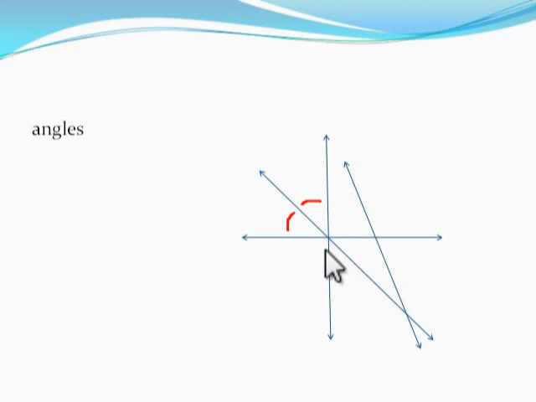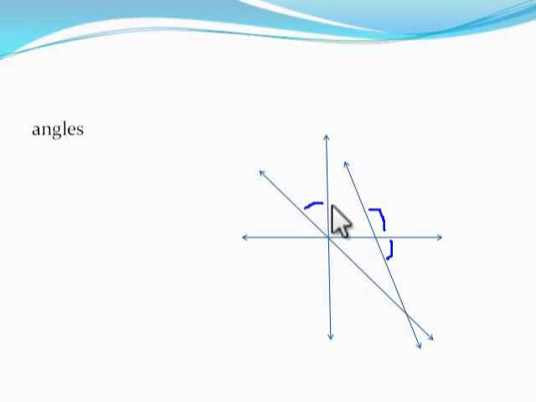Now, what about two angles that are supplementary? Meaning together they create a straight line. There's a lot of them on here. How about this angle with this one? Together, the outside edges form a straight line. So they are adjacent and they are supplementary.